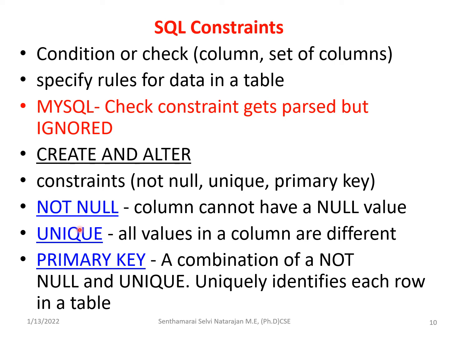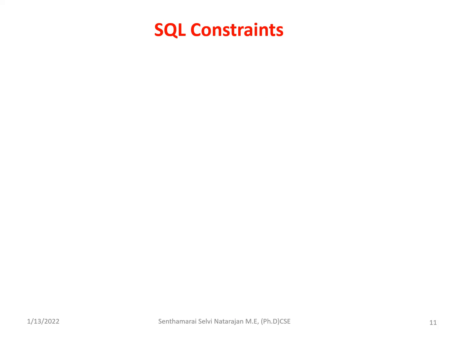For example, date of birth or student ID, this should not have a null value. And as I have said, the primary key should not be null. Likewise, unique means all values in a column are different. Here again the example is student ID. And then primary key, here is the combination of not null and unique. It should have the constraints of not null as well as unique. So these three work under create and alter table.